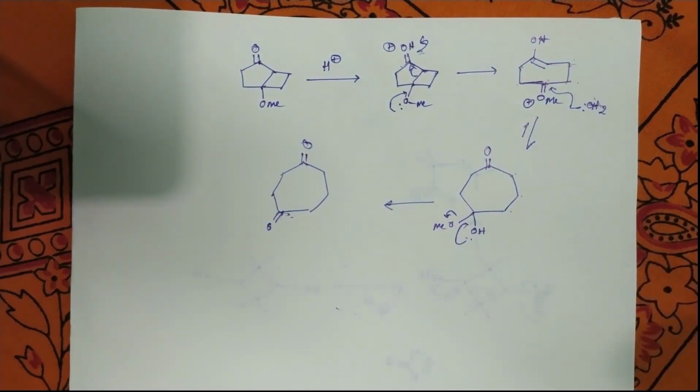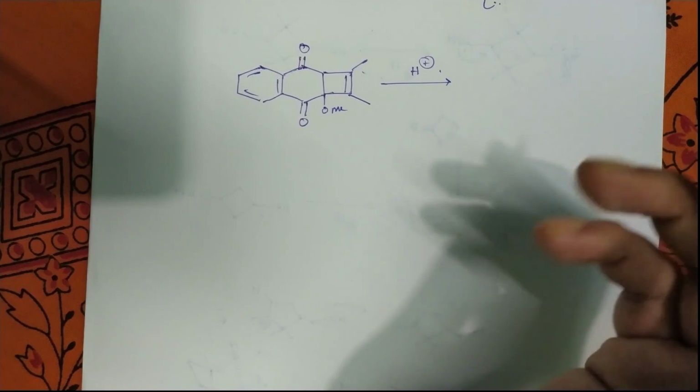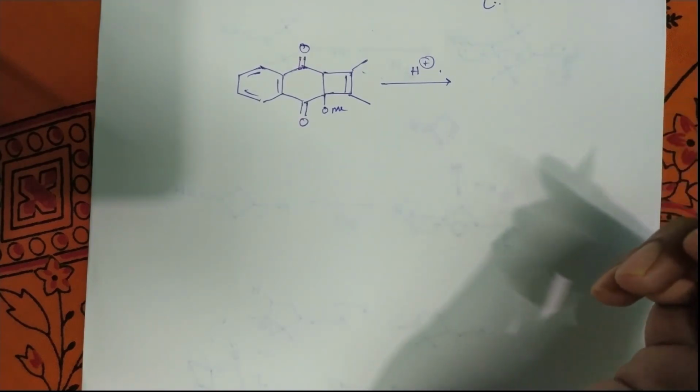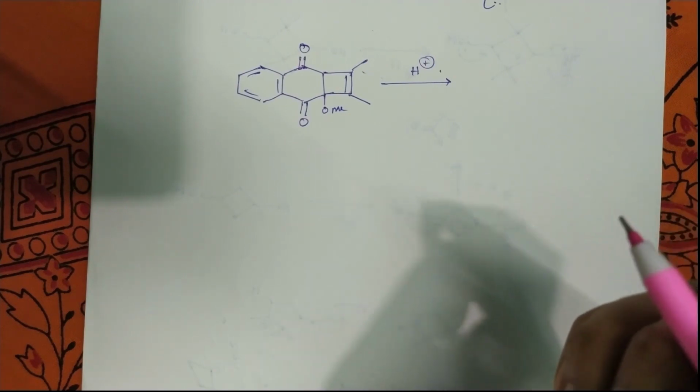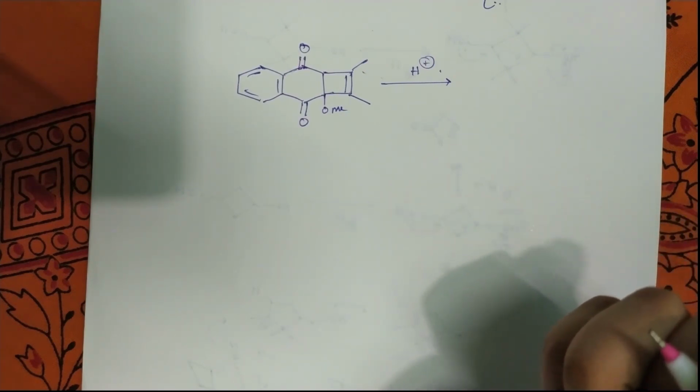Our next example is something like the previous example, but there is a trick. Here we can see that there are 2 carbonyls. For one carbonyl, at the alpha position, there is an OMe.